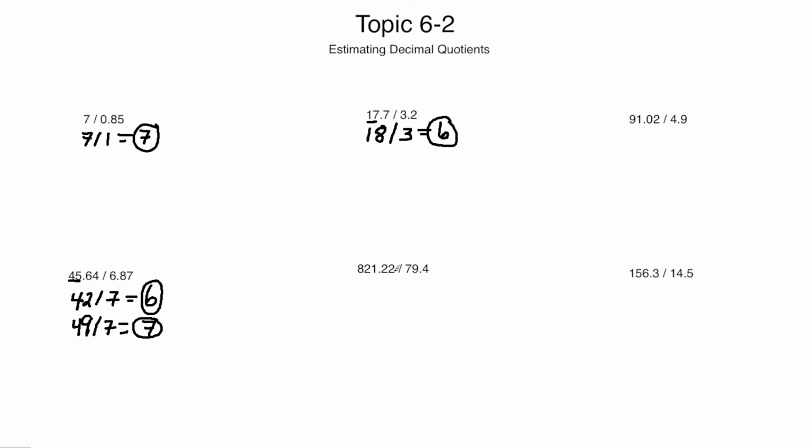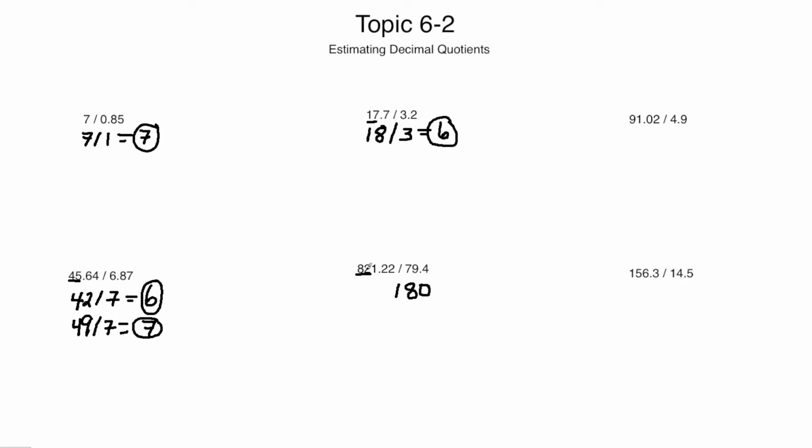All right, this is a bigger number. Go ahead and pause it and see what you come up with. Okay, so I'm going to look at the divisor again. 79 4/10, I'm going to estimate it to 80. Now, I'm going to look at 82 out of the 821 and 22 hundredths.